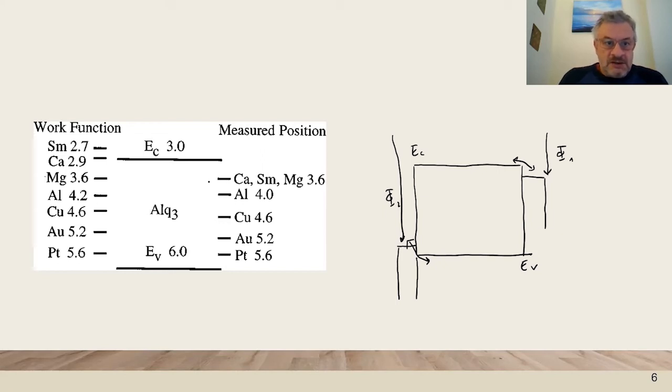So that to the right, we see that calcium is around here, but then we apply it to the right and we have this value. It has changed significantly. We can see also that calcium and magnesium have the same energy level here. And this is because the contact doesn't depend on the work function, and this is called the pinning of the Fermi level.